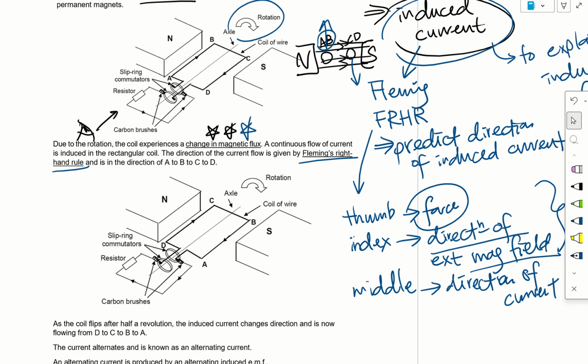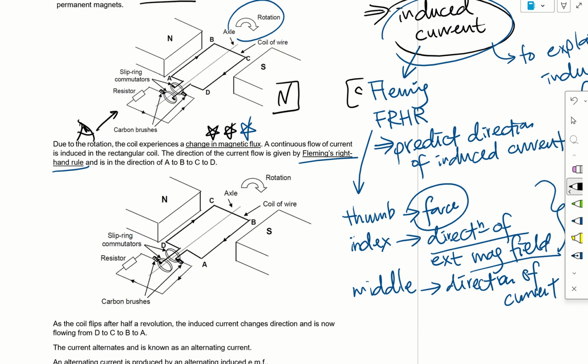So maybe we can use, let me clean this up. We use AB, and so this is AB. We are going to apply Fleming's right hand rule. So this is the force on AB. This is the force on CD, right?